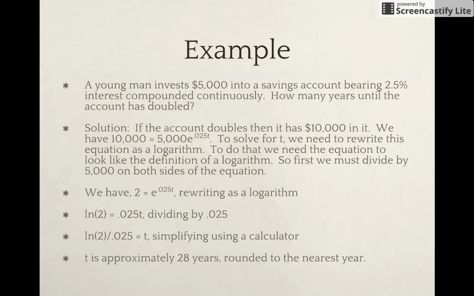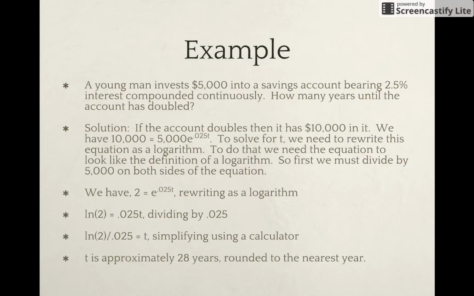Here's an example. A young man invests $5,000 into a savings account bearing 2.5% interest compounded continuously. This is a familiar scenario from App 5. The question we're going to ask here is slightly different than what we asked in App 5. How many years until the account has doubled?